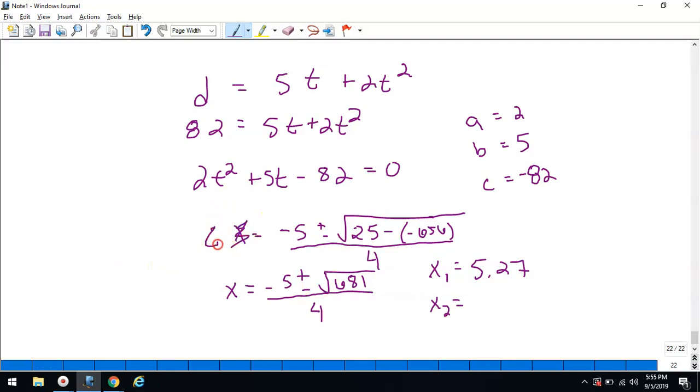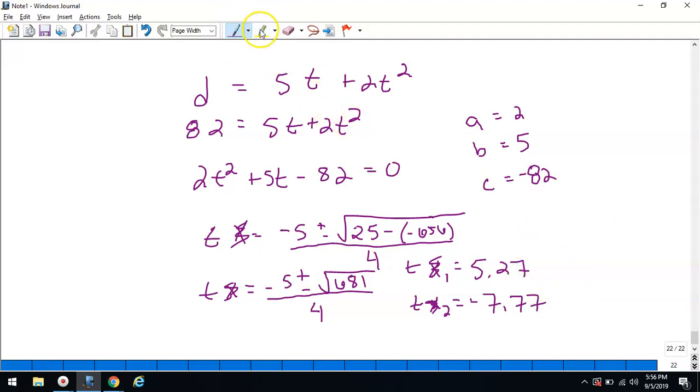I was just so used to writing x, I should have written t's. T for time. So I'm going to do the same thing, but this time I'm going to subtract the square root of 681 and then divide it by 4, and I'm going to get negative 7.77. And I think it said just 1 decimal, so this will be okay.